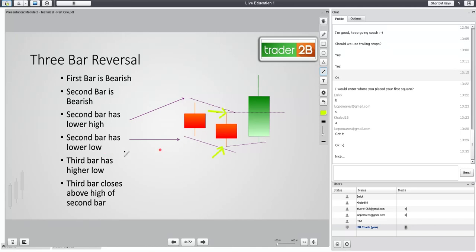And then the third bar has a higher low, so this here is higher than the previous candle. And then the third bar closes above the second bar. So the closing price right here is higher than the second candle. This is usually a strong sign of a three bar reversal when we're trading in the markets.